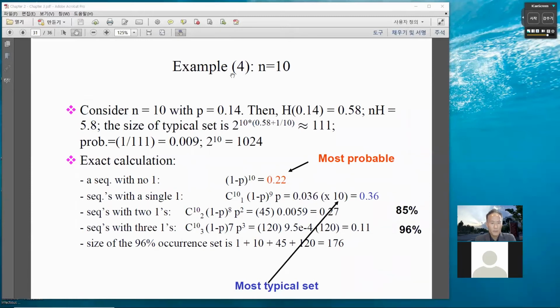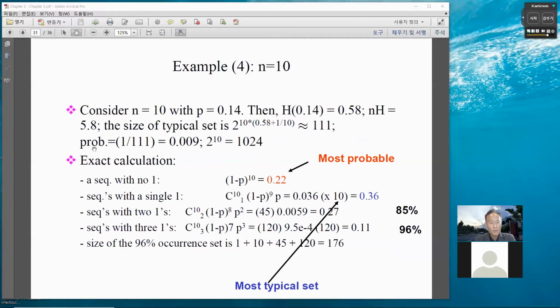So let's continue with another example where n is equal to 10, p is equal to 0.14, so entropy is 0.58, and you multiply it by 10, that is 5.8, and the size of the typical set is 111. This is an approximation with the AEP.